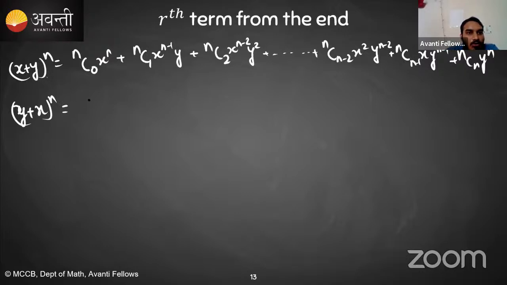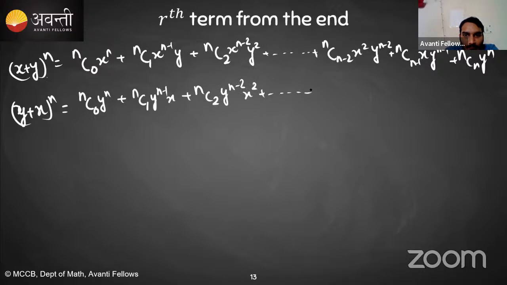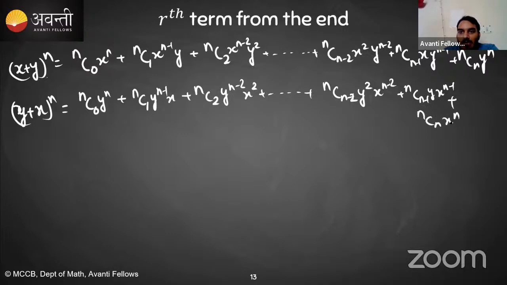Now according to our binomial theorem, I will write nC0 y^n + nC1 y^(n-1) x + nC2 y^(n-2) x^2 + ... + nC(n-2) y^2 x^(n-2) + nC(n-1) y x^(n-1) + nCn x^n.